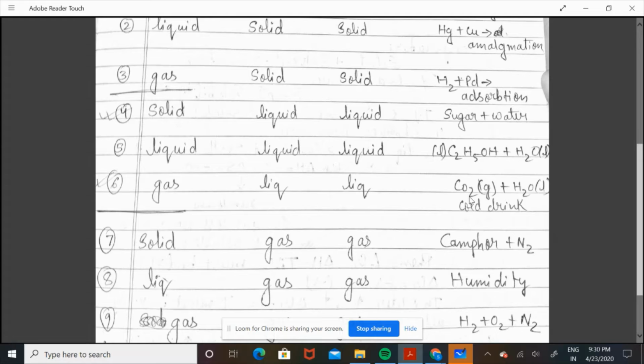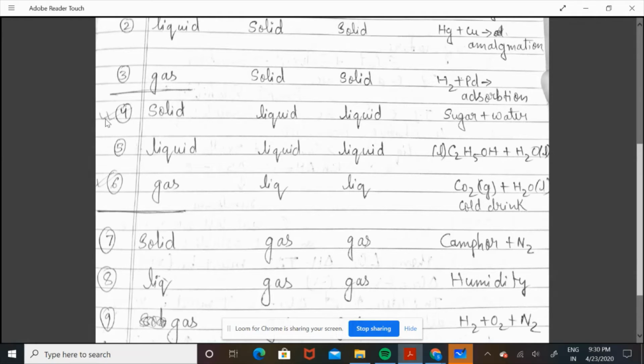An example here is cold drink. Everyone has tasted cold drinks like Coca-Cola and Thums Up. We have seen the fizz which comes out from the liquid. That fizz is nothing but CO2, carbon dioxide, which has been dissolved by pressure in the liquid, which we drink as a cold drink.